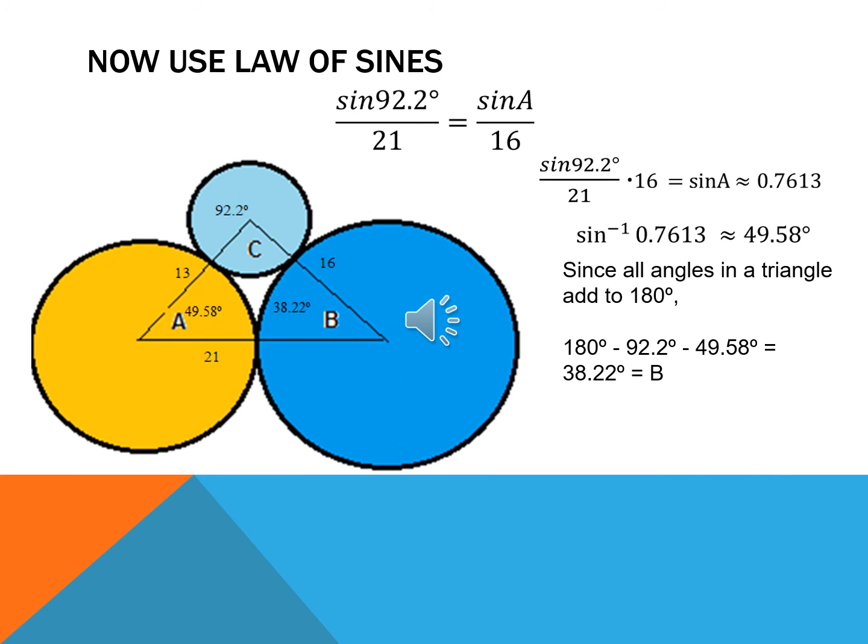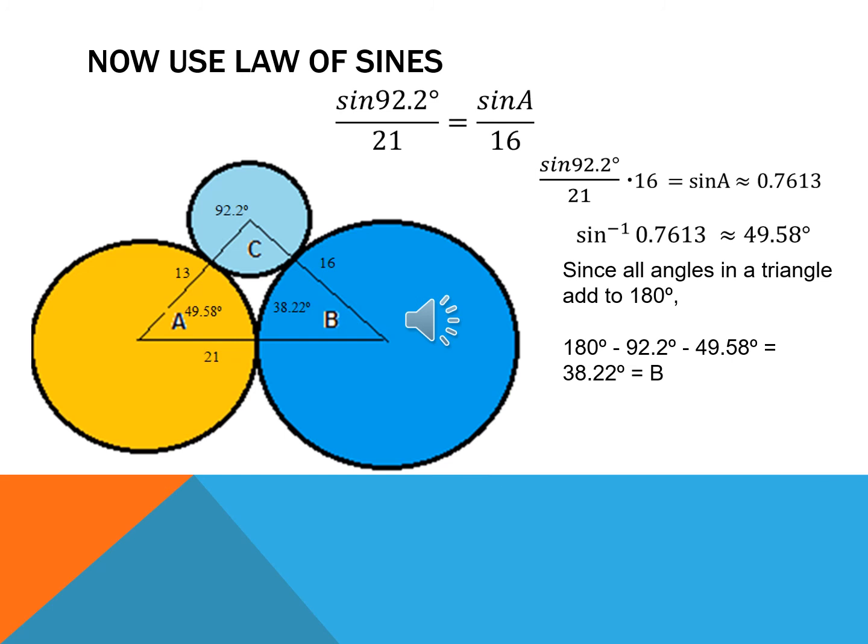We found angle C in the previous slide to be 92.2 degrees. Now I can use law of sines to find angle A. I could also use law of cosines. There's nothing wrong with using law of cosines. I just thought in this example we could get some practice with both rules.